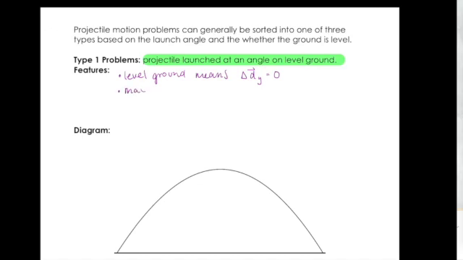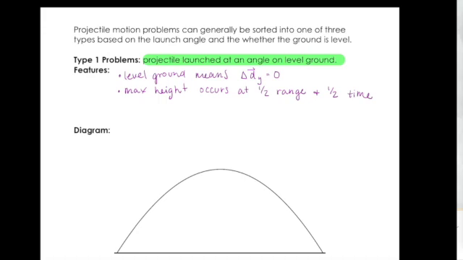The max height occurs at half the range. Remember, range is the displacement in the x-plane. And this is also half of the total time.